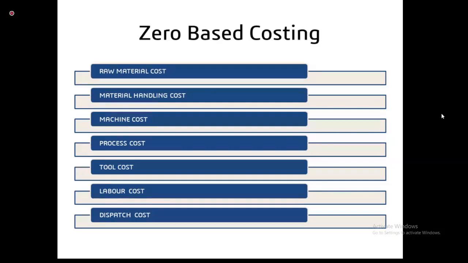For example, if you want to machine the component, you have to understand which tool material should be used. Whenever I'm calculating the cost of the component or the product, every expense should be considered. You cannot overlook any expenses in the product design.